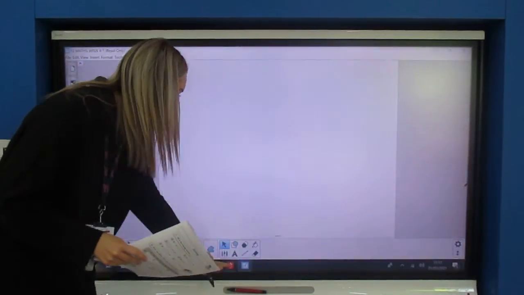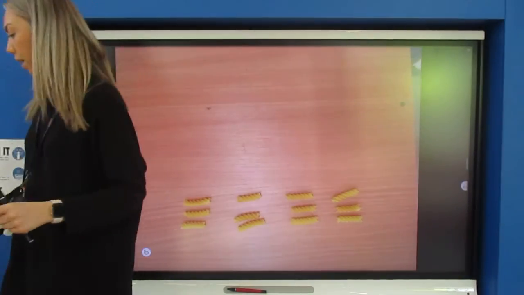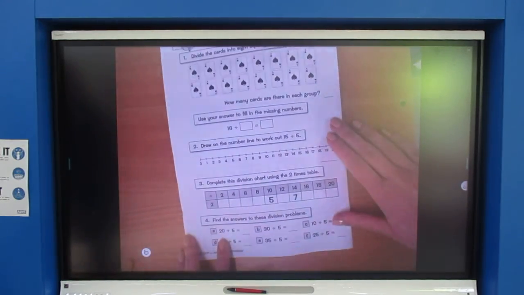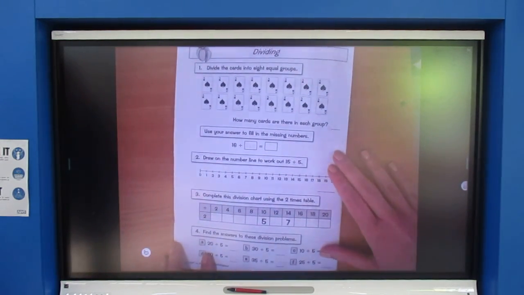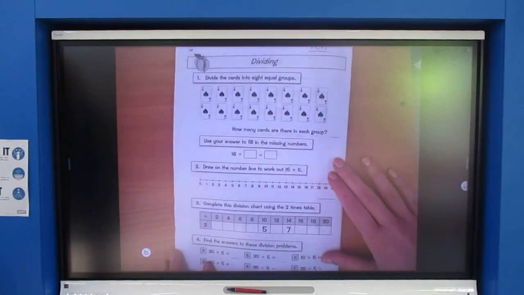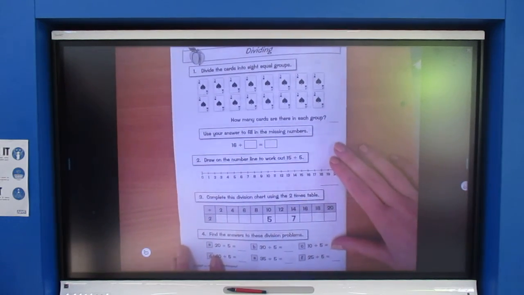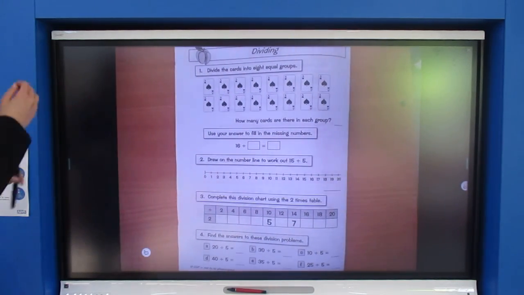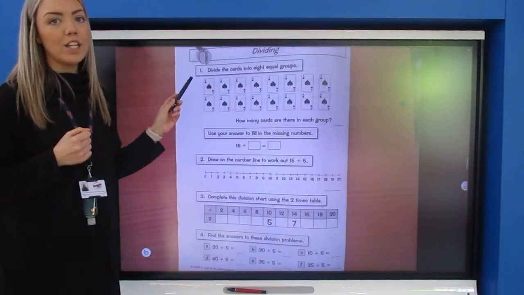So then, to end our day, I'm just going to show you the workbook for today and the activities that you are going to be doing. So keeping all of your counters because you will need them, and you can see today you're going to be working on page number 14, and you've got a few different methods here that we've been looking at in the last few days.